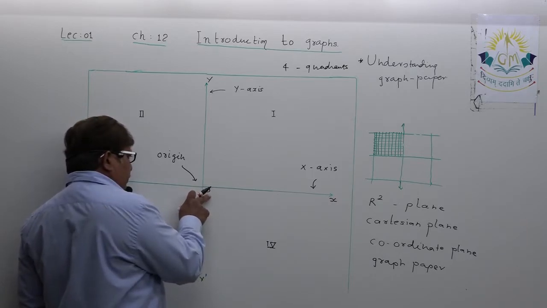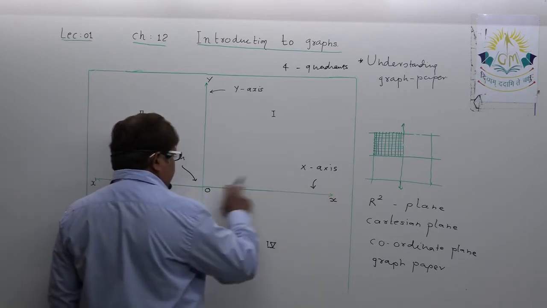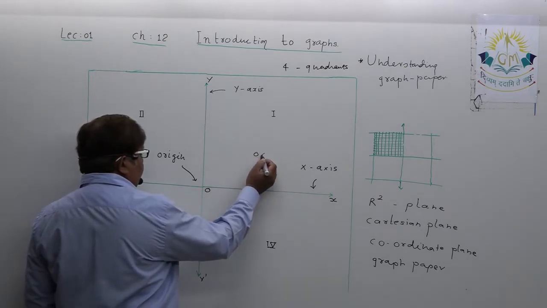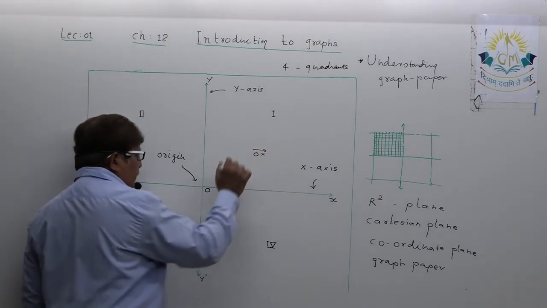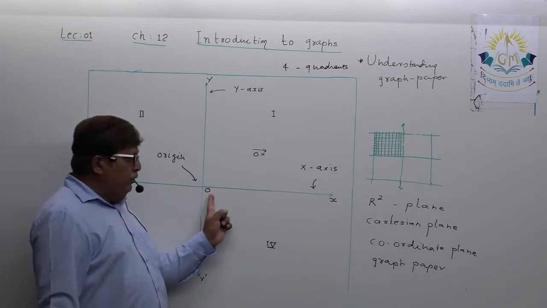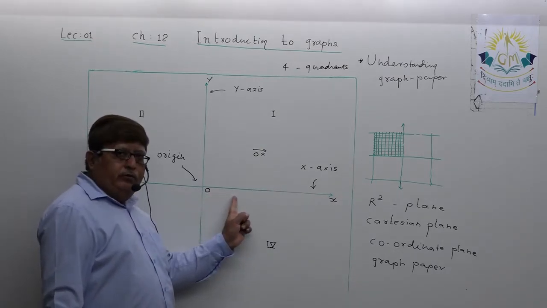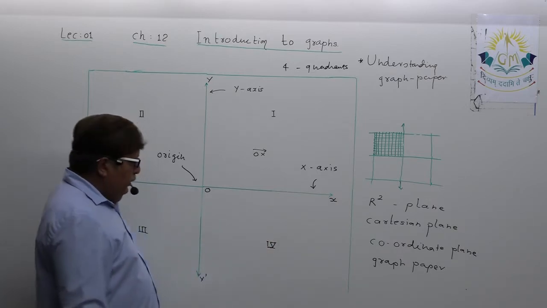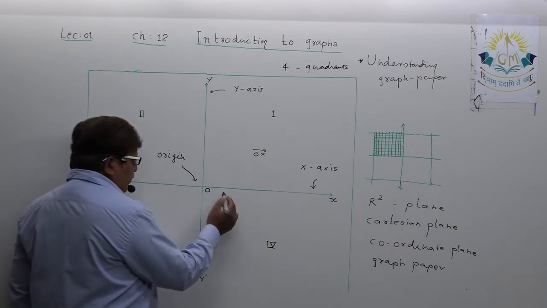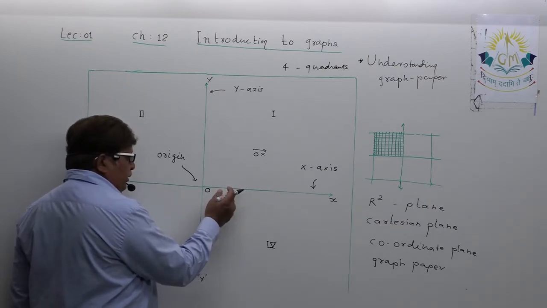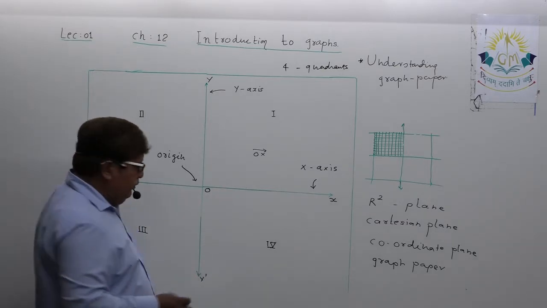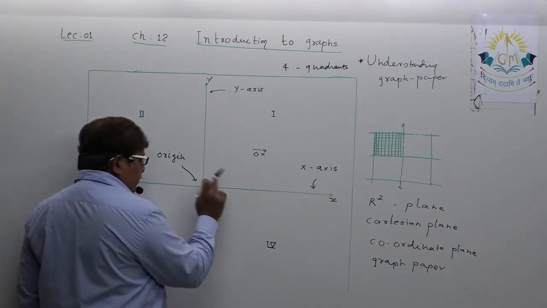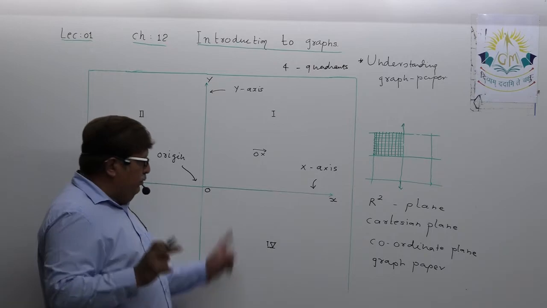Starting from the origin, this OX ray is known as the positive x axis, where we are going to represent positive numbers. Understand?